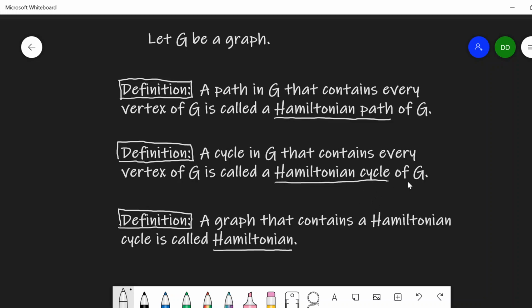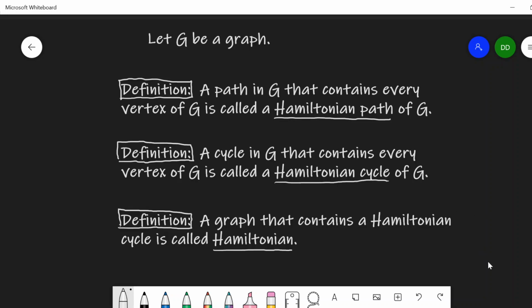And a graph that contains a Hamiltonian cycle is called Hamiltonian. Some people refer to containing a Hamiltonian path as traceable. We won't get into that too much, but we are concerned with what graphs have Hamiltonian paths in them. Primarily, though, we're concerned with which graphs we can find a Hamiltonian cycle in. That is, which graphs are Hamiltonian.